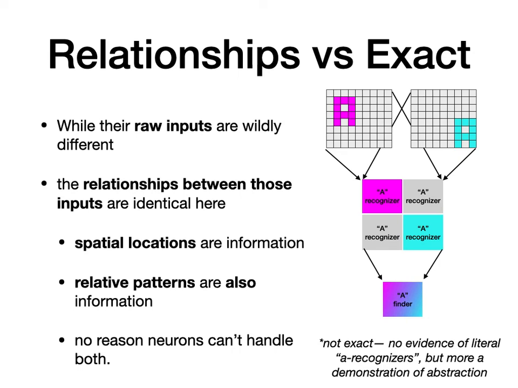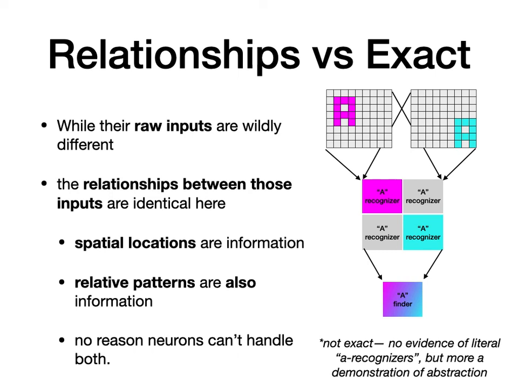Now, it's a little bit more complex when you're dealing with orientation and with larger versus smaller shapes. But the idea is that the differences between the outsides and the internal bits of these shapes maintain something in common, right? The spatial locations are information, but the relative patterns are also information. There's no reason that neurons can't handle both.